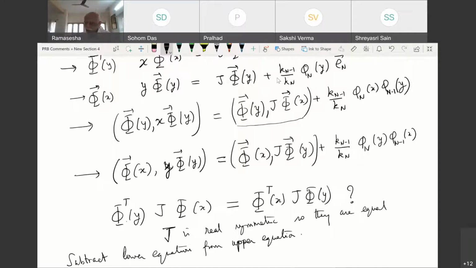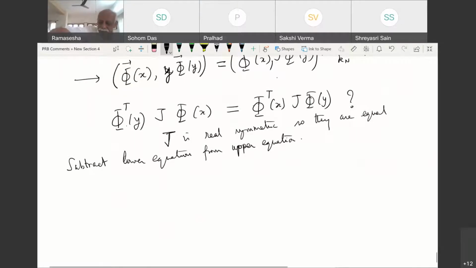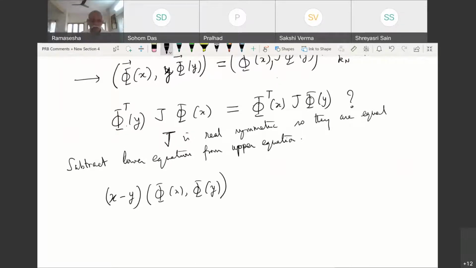What remains is only the left hand side and the last term on the right hand side. So I'll get (x minus y) times the inner product of p of x and p of y, because both inner products are equal, and I can take it as a common factor, equal to p_n ... e_n, right?